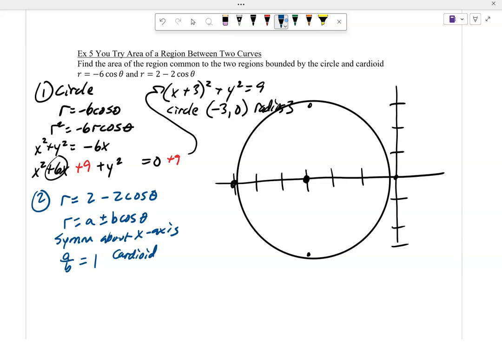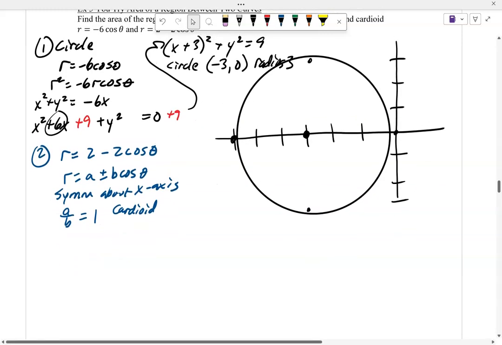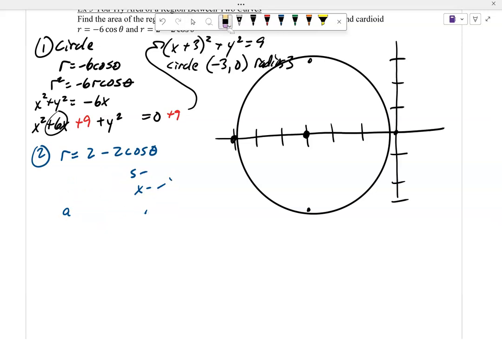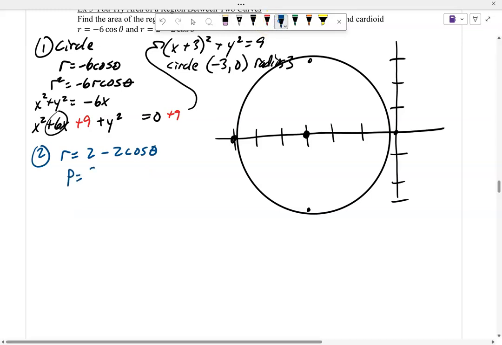So let's get a picture of what this thing will look like. Let me give myself a little room and erase this for a minute. My period is 2 pi over 1. I take 1/4 of that, so I'm going to go up by pi halves, pi, 3 pi halves, 2 pi, and so on. The r values will be 0, 2, 4, 2, and 0.